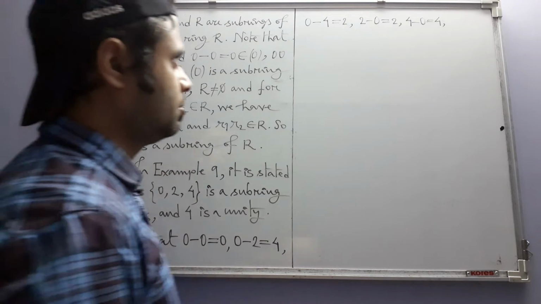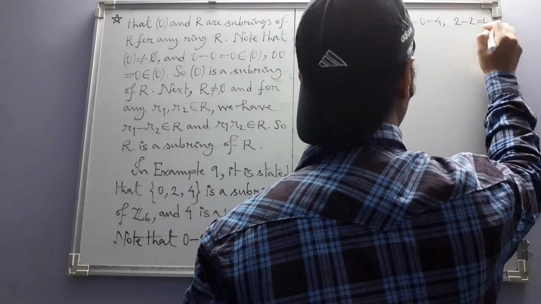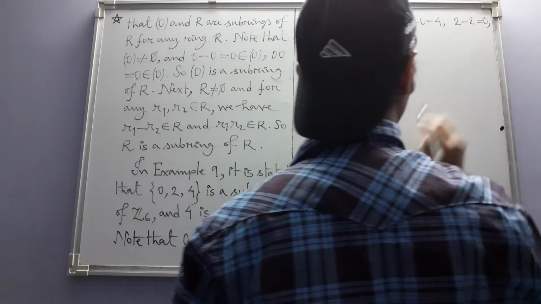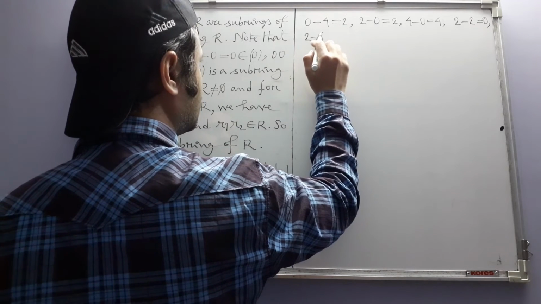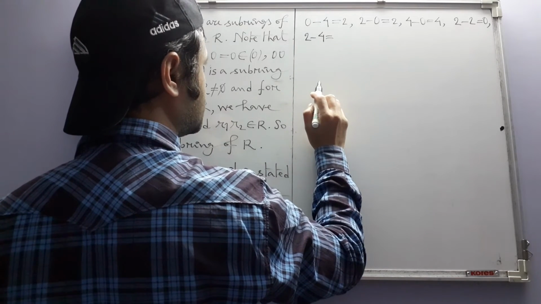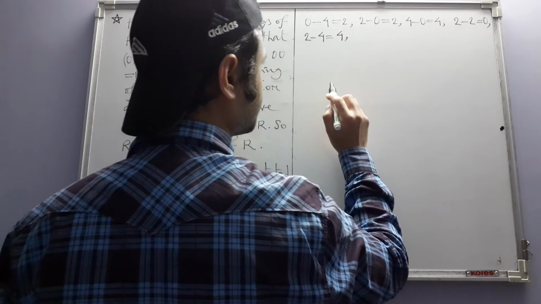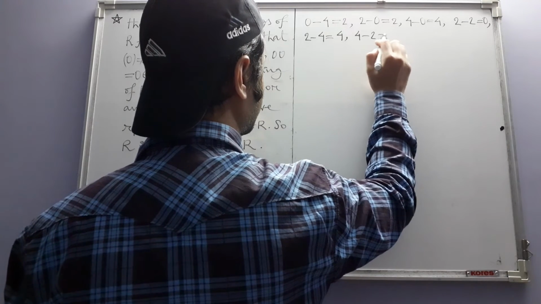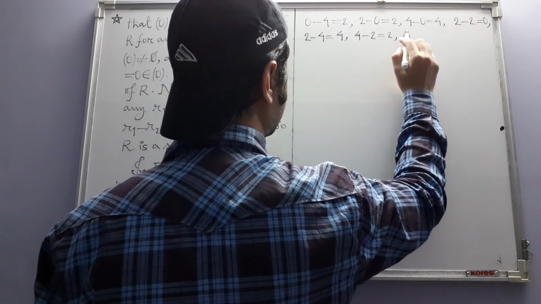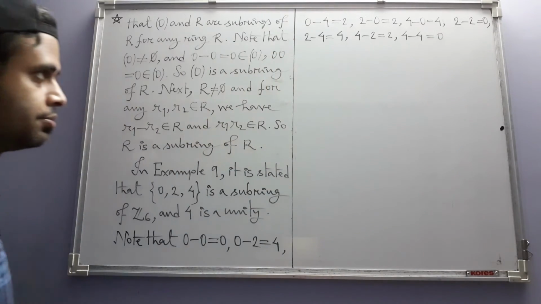Now we come to non-zero elements. 2 minus 2 is 0. 2 minus 4 is minus 2. Minus 2 means 4. Then 4 minus 2 of course is 2, and 4 minus 4 is 0.